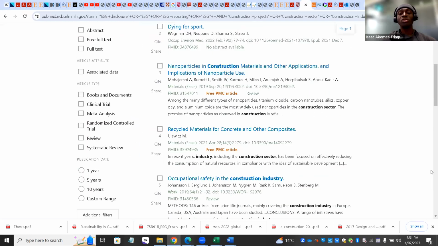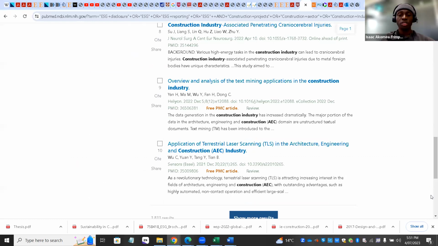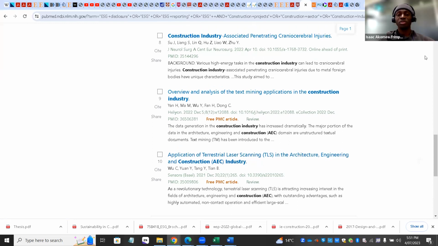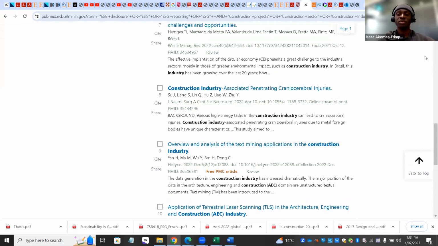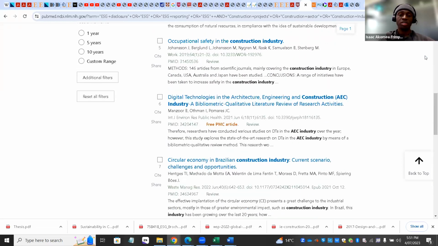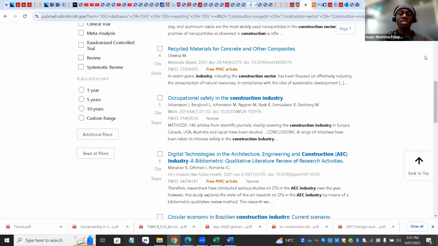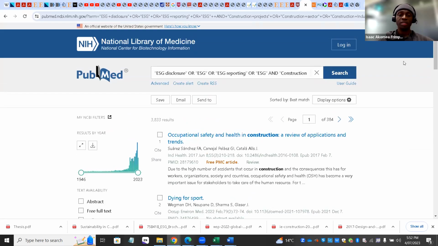But most of these documents are not relevant, because these things came out as a result of the keywords. They don't even have anything to do with the ESG that we are writing about. So I ended up getting 10 papers from here, from the 3,800 and something.